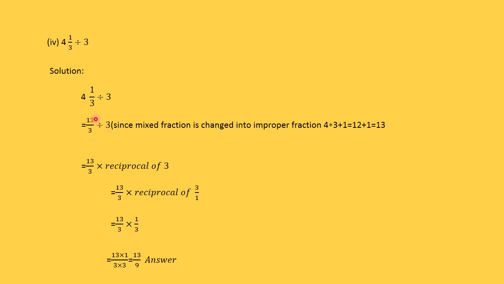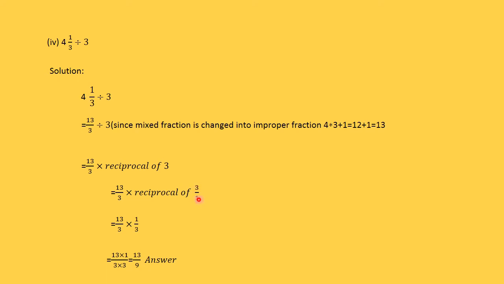Now, for 13 by 3 divided by 3, we will change the divided by symbol into a multiplication symbol by writing the reciprocal of 3. Now what is the reciprocal of 3? There is nothing in the denominator, and when there is nothing in the denominator, it should be treated as 1.